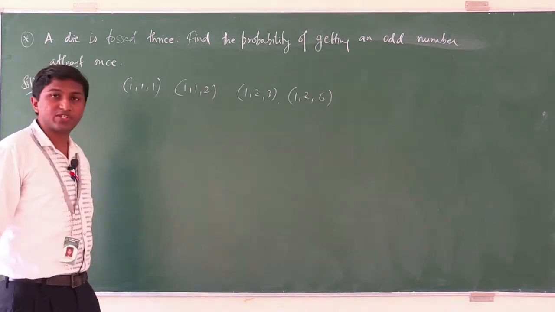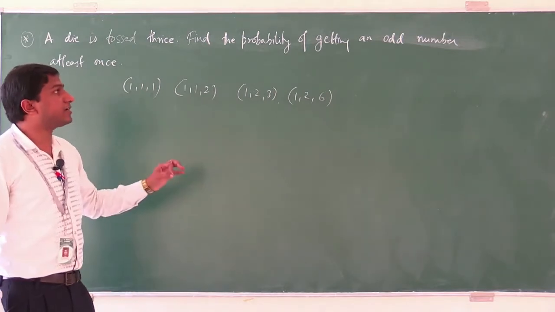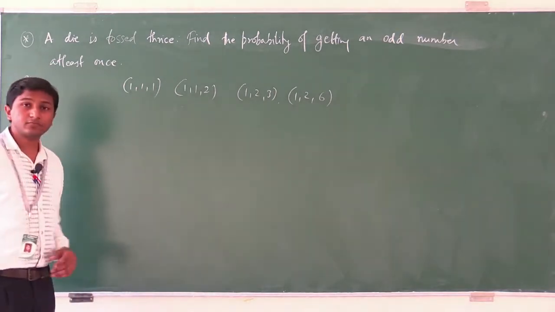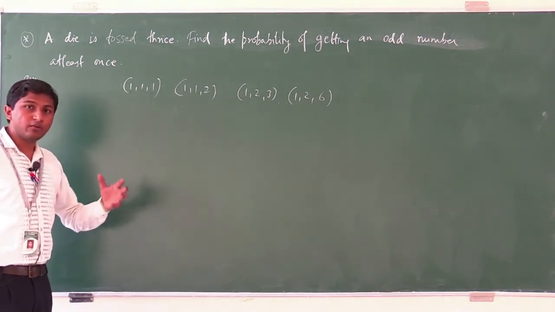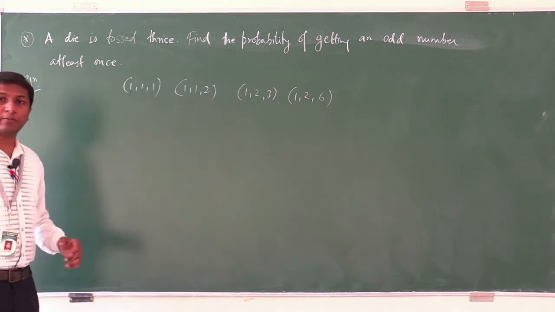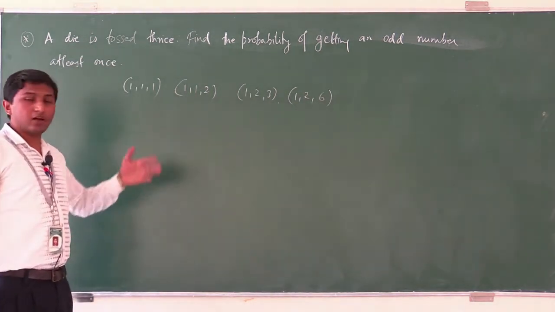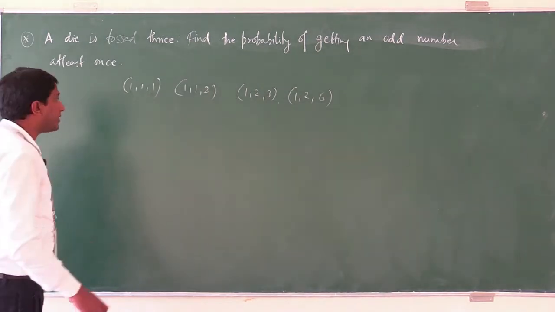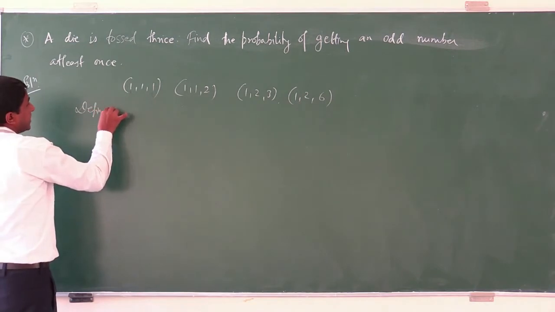Now, what is the question asking us to do? Find the probability of getting an odd number at least once, right? The question is asking us to find the probability wherein we get an odd number at least once. So to solve this question, we will define an event.